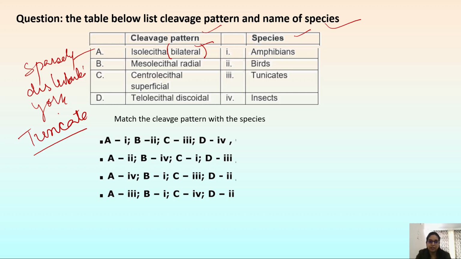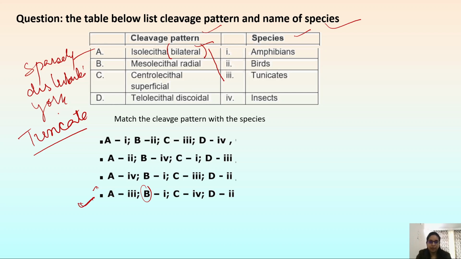So 1A matches with the third. What are the options given where A matches with the third? This one. So let's see whether all the other cleavage patterns match with the species given in this option, that is, whether the fourth option is correct or not.